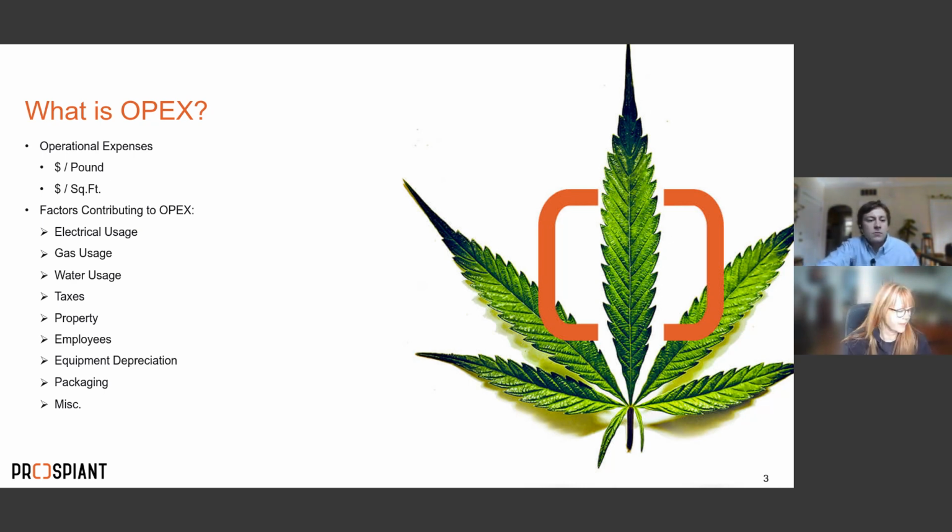So today we're really focusing on talking about just OpEx. So really, what is OpEx? What does the acronym stand for? It's just operational expenses. And as we talk about it throughout the rest of the slide deck, we'll talk about it in price per pound and price per square foot. There's a lot of different ways to calculate and talk about OpEx, but for the most part, we're going to talk about price per pound and price per square foot.